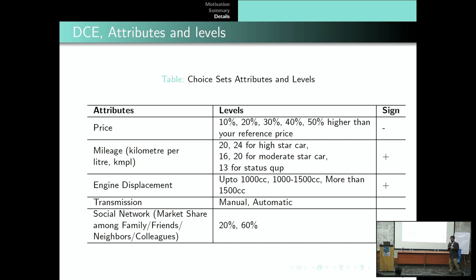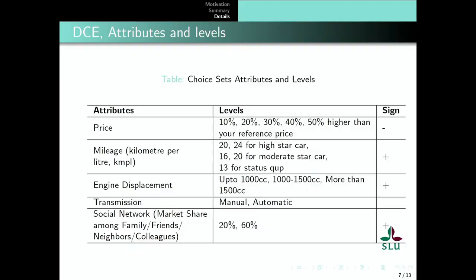Yes? Are we expecting that the respondents already know about these things like mileage and displacement? They are fully aware of all these factors? Or do we need to make them understand all these things? What are the options available in the market?